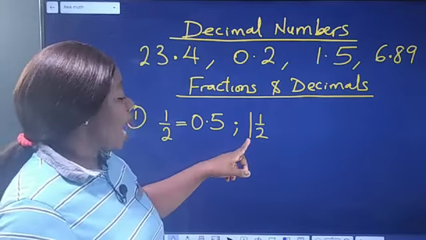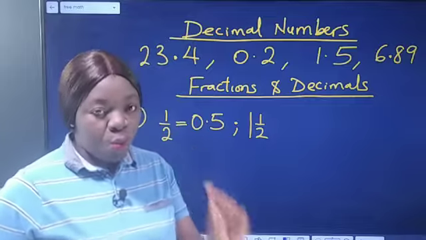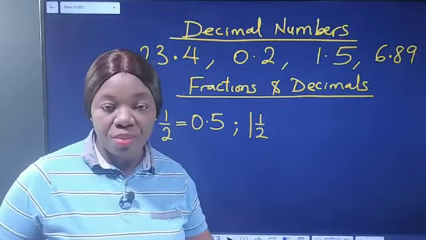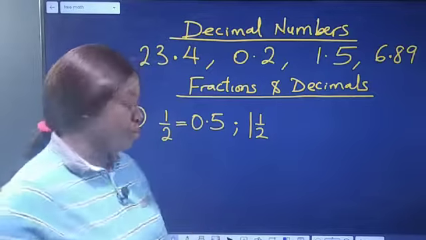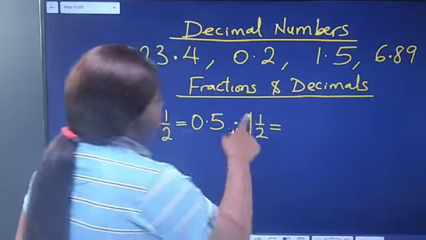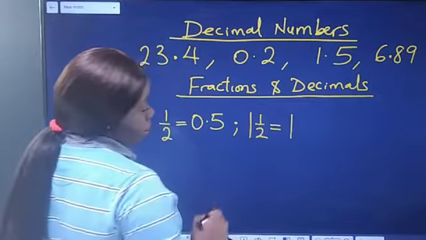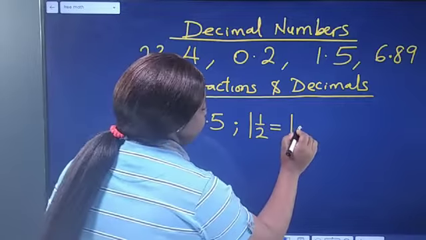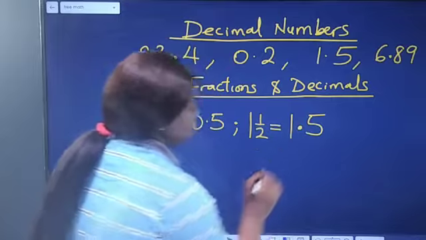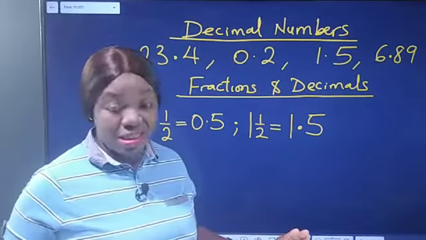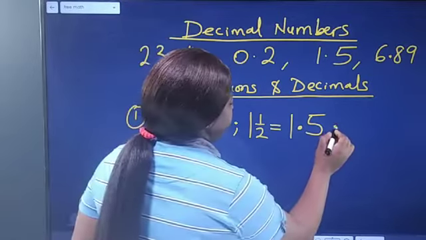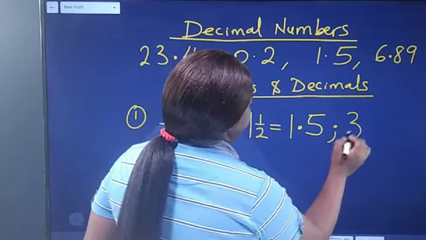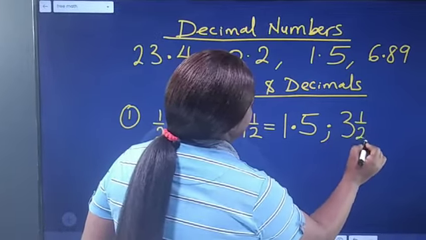So what if you have one whole number, 1 over 2? That's a whole number and a decimal number. So the one whole number will be 1, then the decimal number, which is half, will be 0.5. It is that simple. So what if you also have 3 whole number 1 over 2?